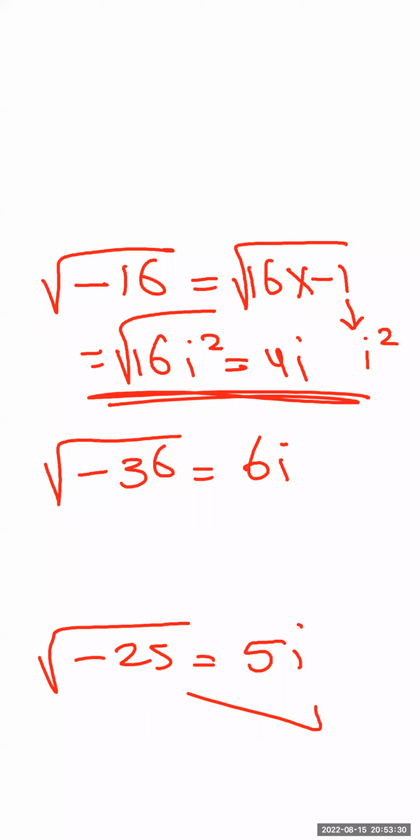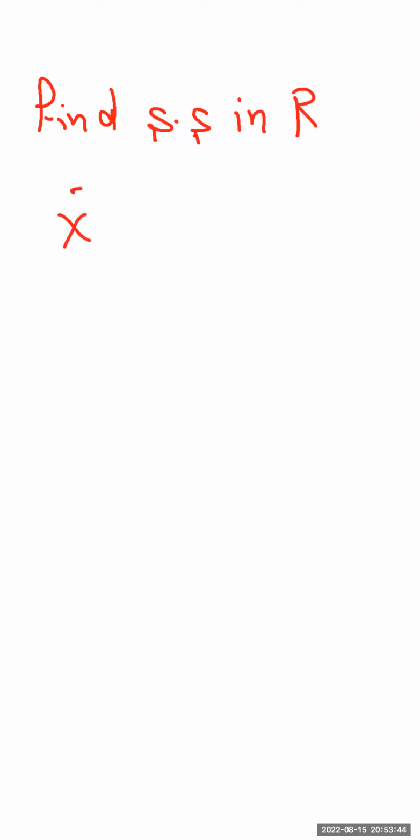Yeah. So this means we can solve equations like that. Before, if the question was: find the solution set in real numbers, x squared plus 25 equals 0. Simply, we said before, till preparatory 3, that x squared equals -25.